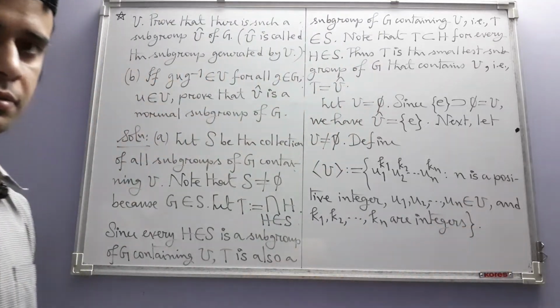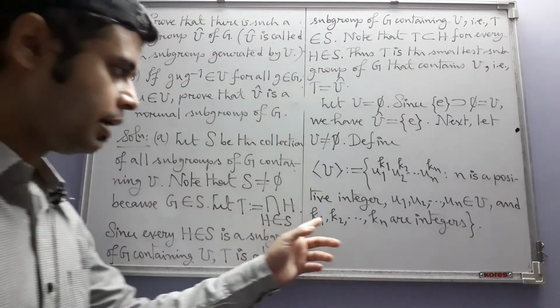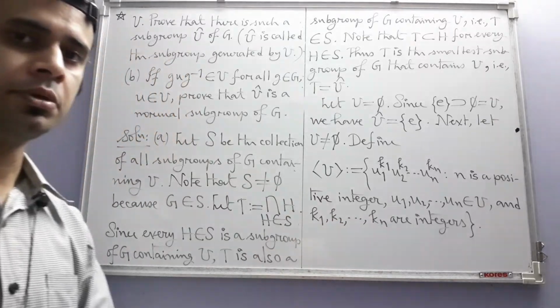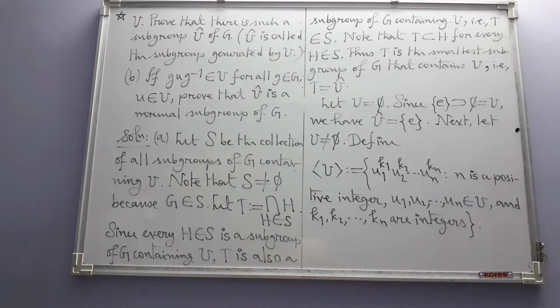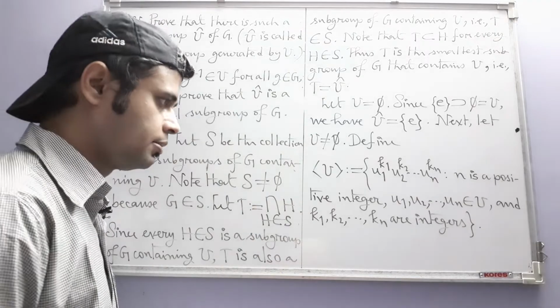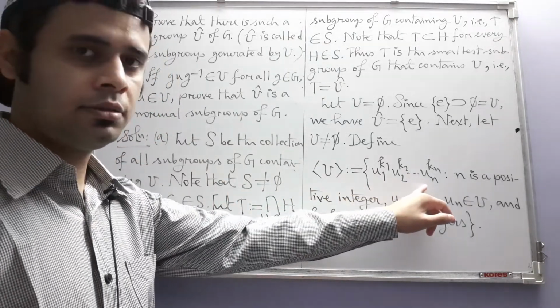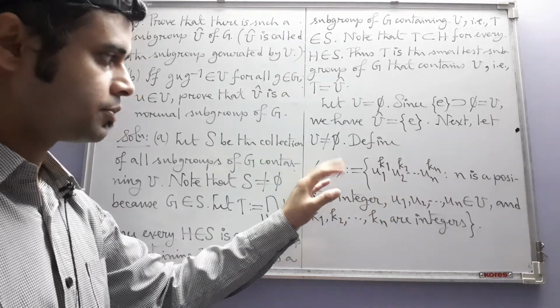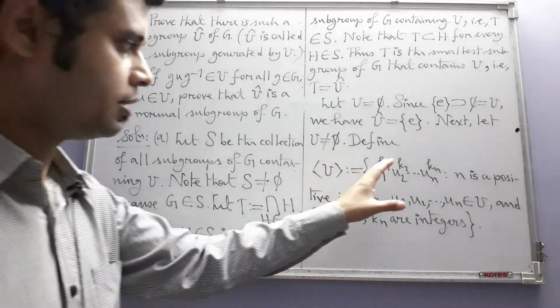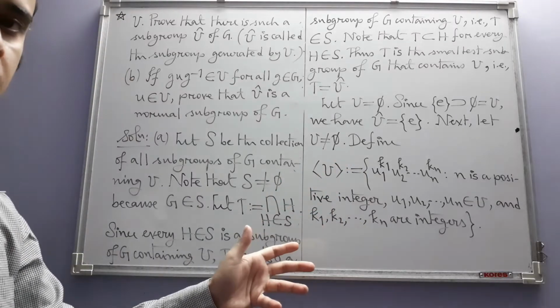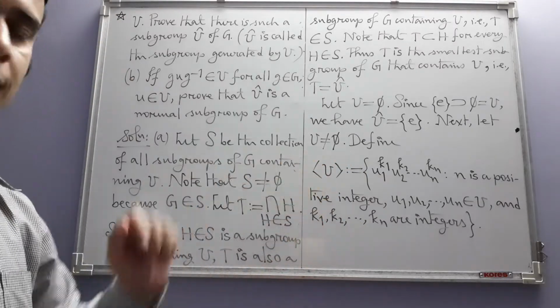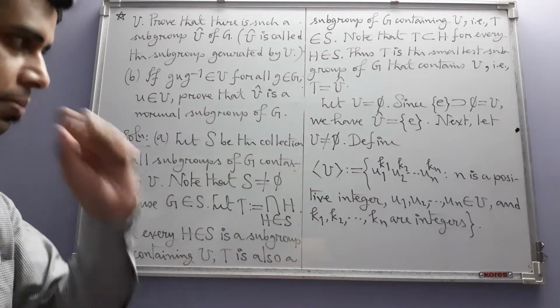Any integers. The ki's, each one of them may be positive or 0 or negative. They are any integers. So clearly, since we are using elements of U, everything here is happening inside G. So this is a subset of G.